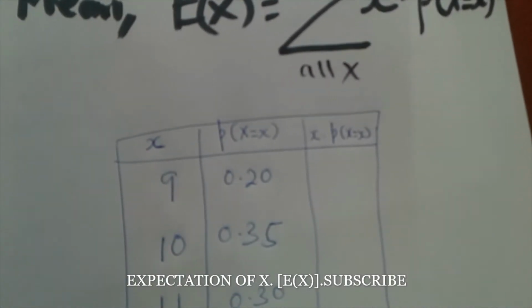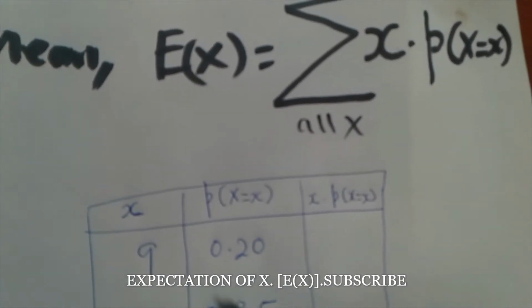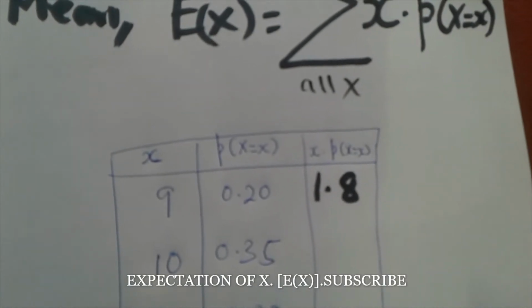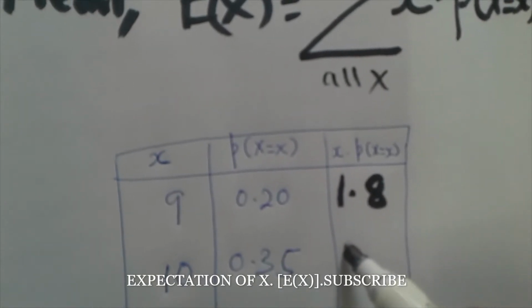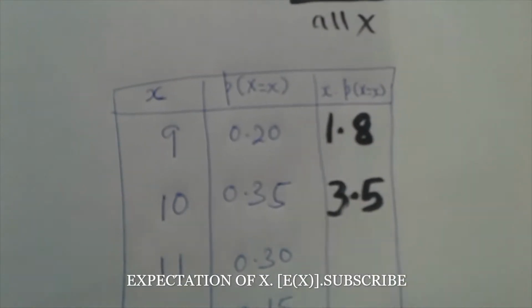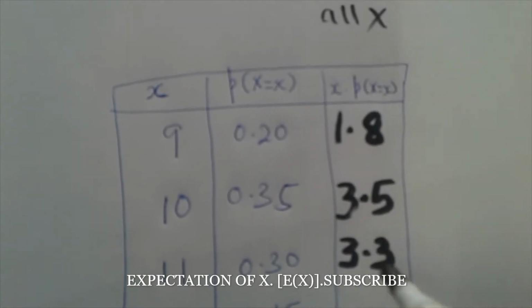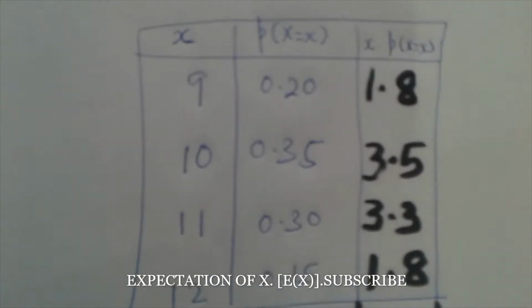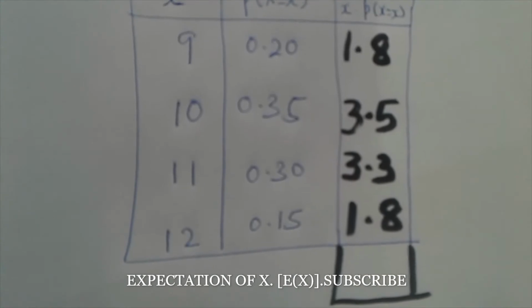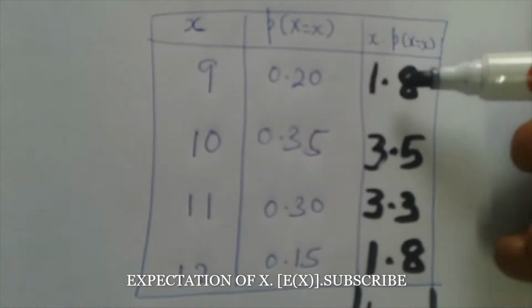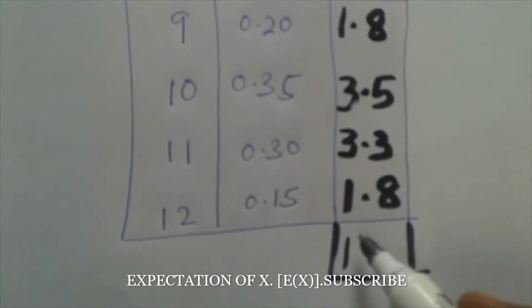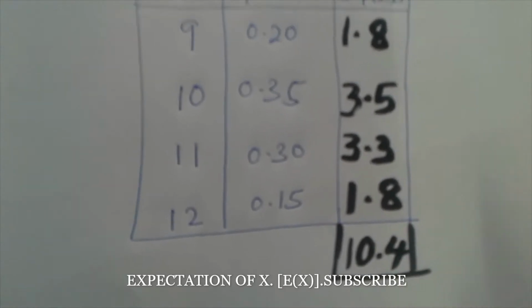Now when you get 9 times 0.2, it will give automatically 1.8. When you get 10 times 0.35, we shall get 3.5. 11 times 0.3 gives 3.3, then 1.8. And we can have the sum here. And this sum, when you add 1.8 plus 3.5 plus 3.3 plus 1.8, gives 10.4.